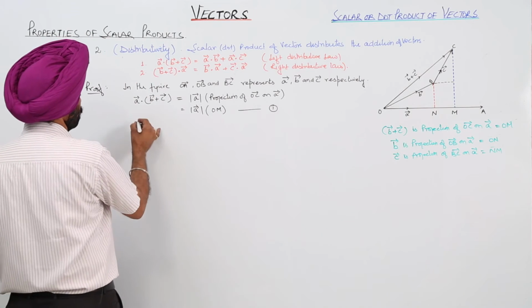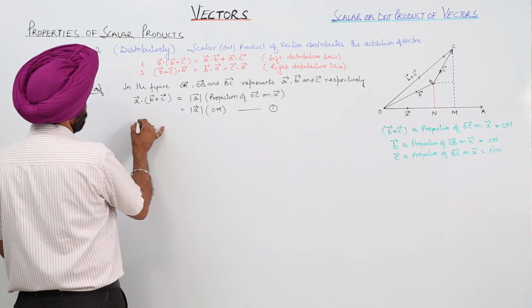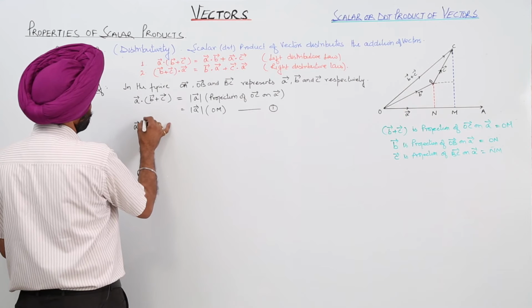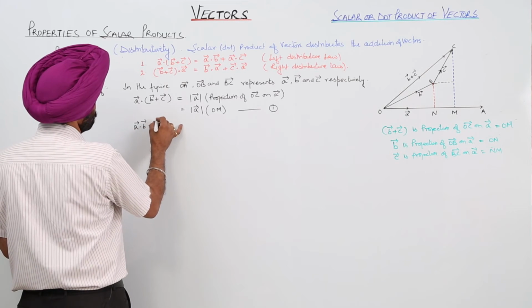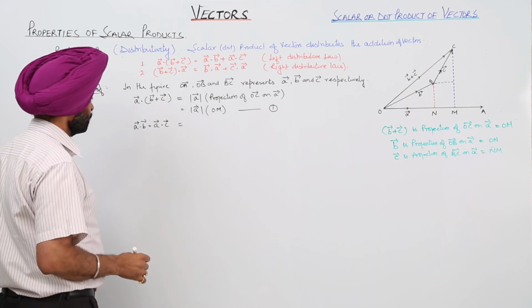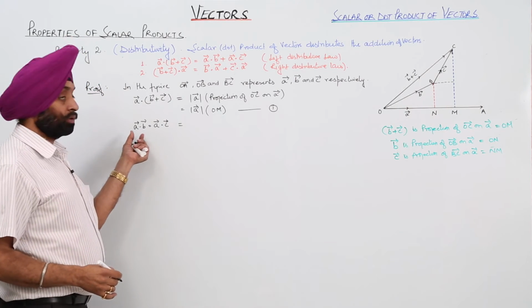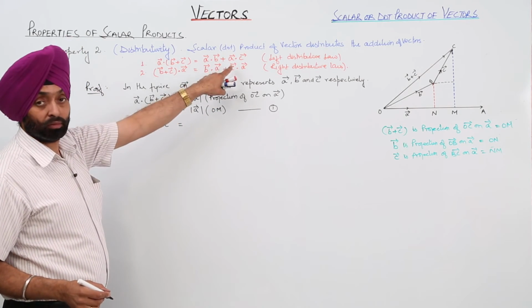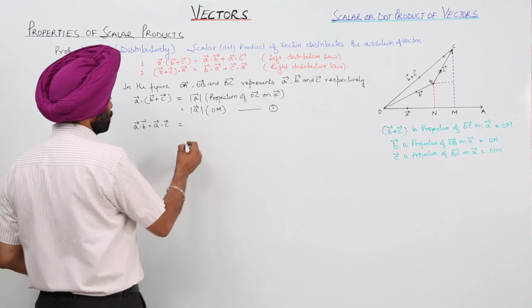Now right hand side, vector A dot vector B plus vector A dot vector C. Now what does this mean?